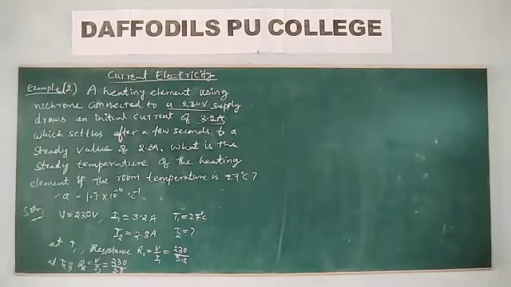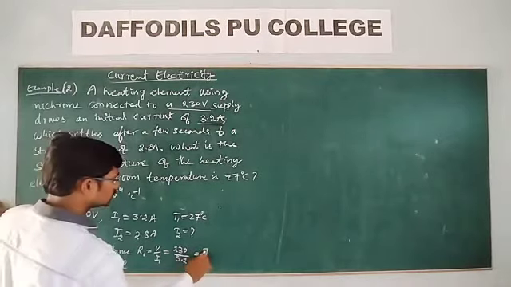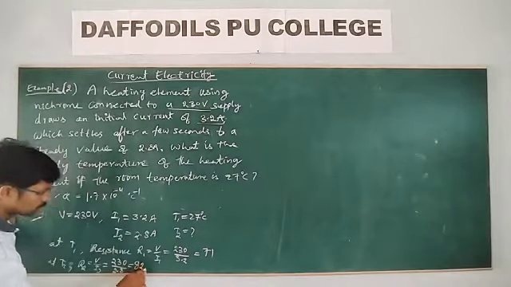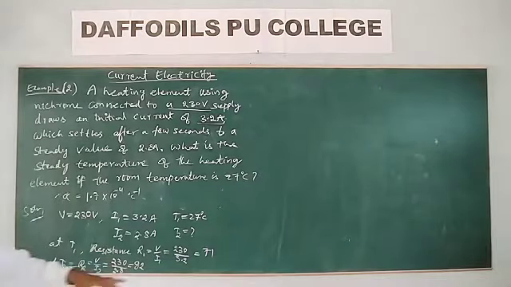Calculating these, R1 is around 71 and R2 around 82. So let me take approximately 71. So we have the R1 and R2 values.